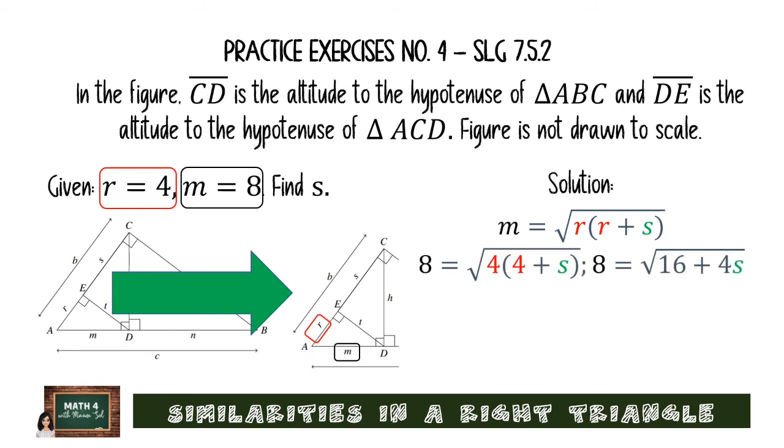Thus, we have 8 is equal to the square root of the quantity 4 times the quantity 4 plus S. Simplified further, that is 8 equals the square root of 4 times 4, which is 16, and 4 times S is 4S. We can square both sides and we get 8 squared is 64, and the square root of 16 plus 4S squared is of course 16 plus 4S. 64 minus 16 is 48, and that is again equal to 4S. We divide both sides by 4 and we get S equals 12.